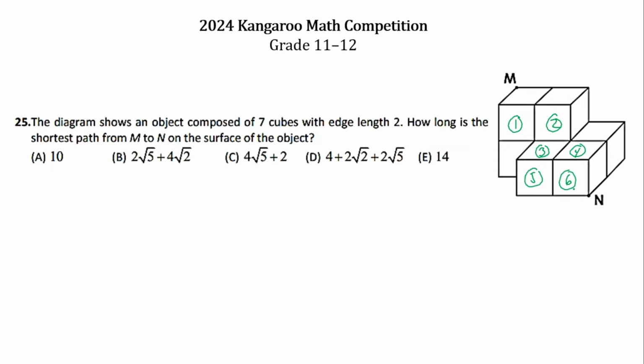All right, so what I'm going to do is just remove faces 1, 2, 3, 4, 5, and 6 from the original figure, and then flatten out these faces so that they will be leveled with the two faces on top.